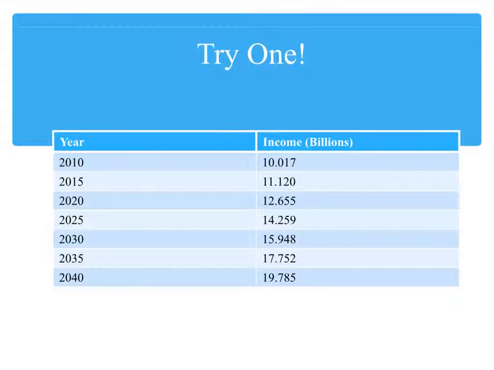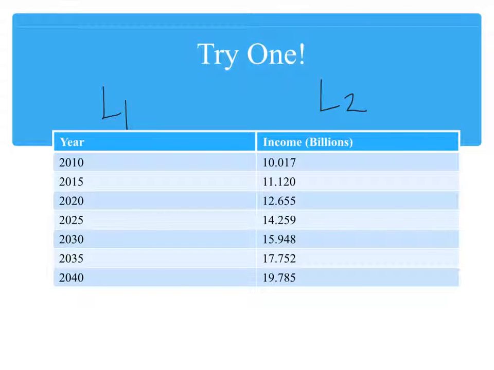I want you to try one. So what I want you to do is create a scatter plot for the years since 2000 and the income taking place during those years. So into L1 is going to go the years since 2000, and into L2 you're going to enter the income.